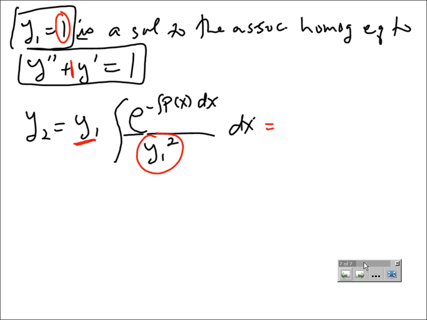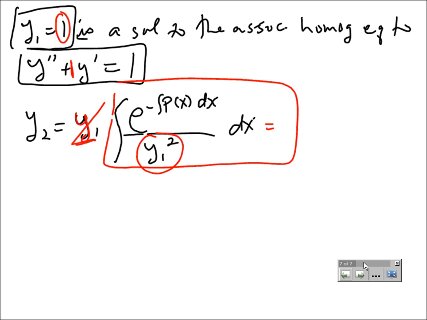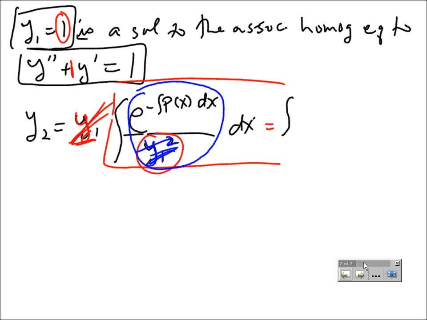So these are 1s, and 1 squared is 1. Multiplying this integral by 1 doesn't do anything. And before you can integrate, you better calculate what you're integrating. And dividing by 1 squared, which is also 1, is meaningless. So the only thing that really survived is the top half of the integral. This integral of e to the negative p of x, which is 1, dx.